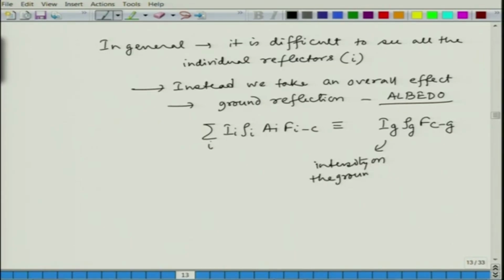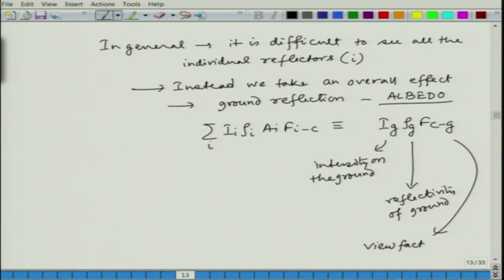As if we have a single body, the overall effect is captured in a single body, the intensity of that is I g, and this rho g is the reflectivity of the ground, and this F C g is the view factor from ground to the collector.